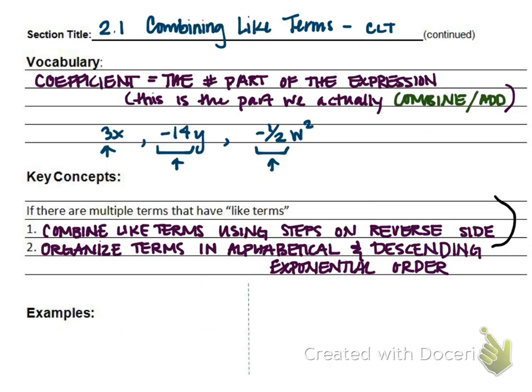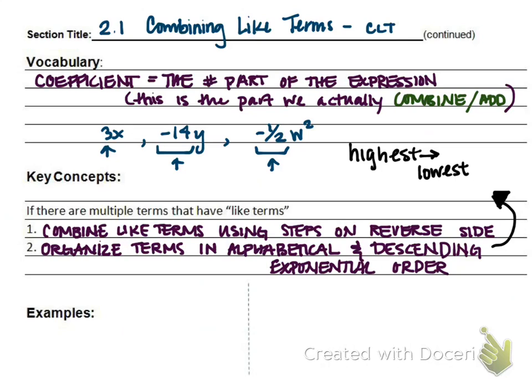I'm going to write that up in here just to give myself a little hint. So descending order, again, means to go from the highest order to the lowest order for that exponent. And we're going to take a look at an example that looks like that so we have an understanding of what that really is talking about.